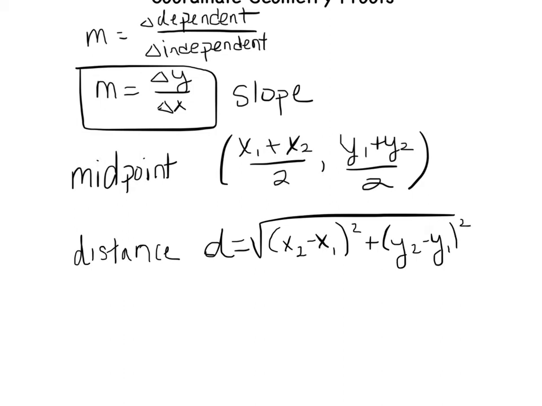Remember that the important thing is that you are paying attention to your x's and your y's, not necessarily that you find the difference between the x's first or the y's first, because addition is commutative.